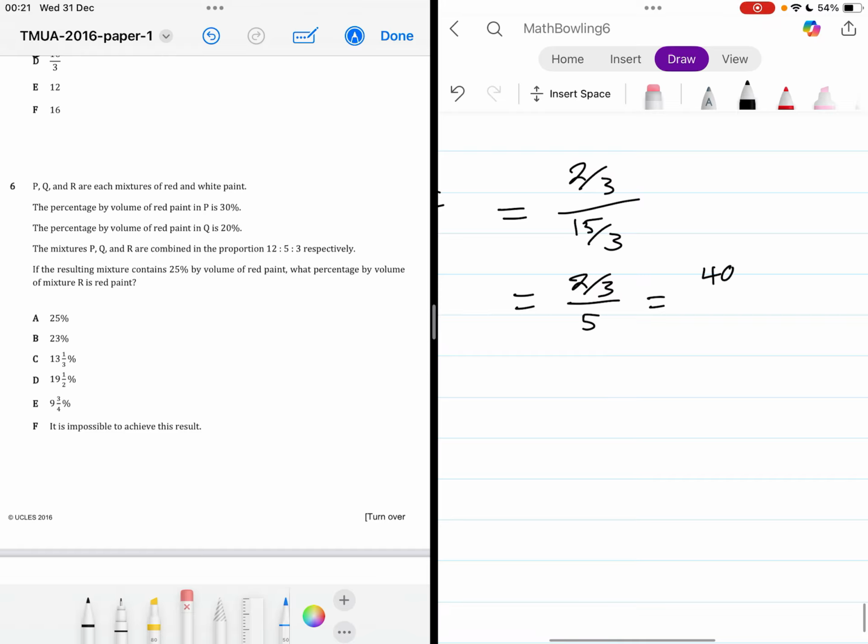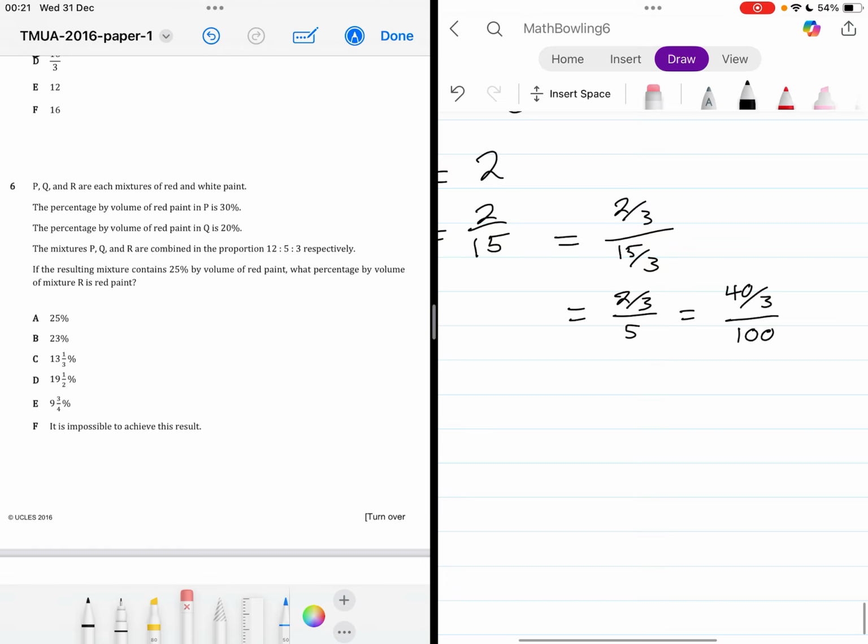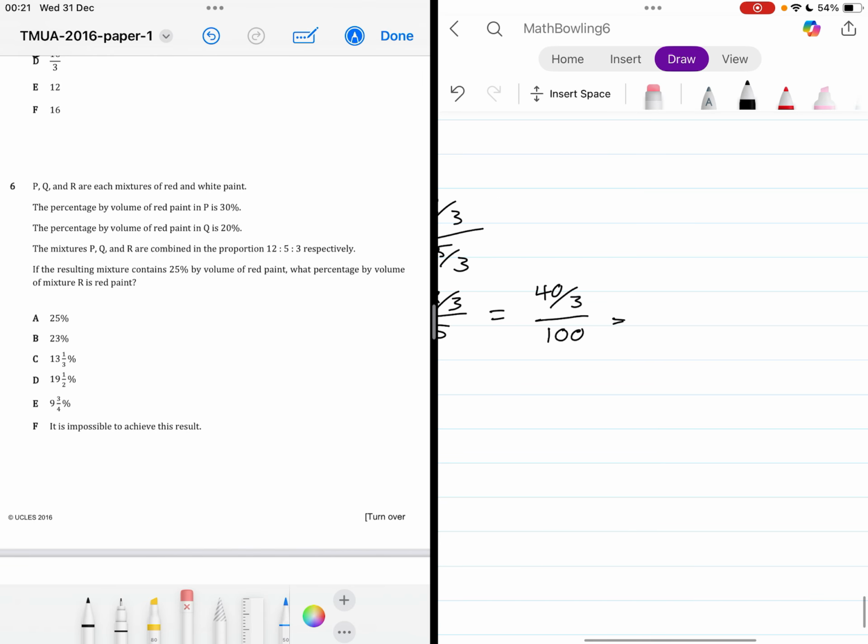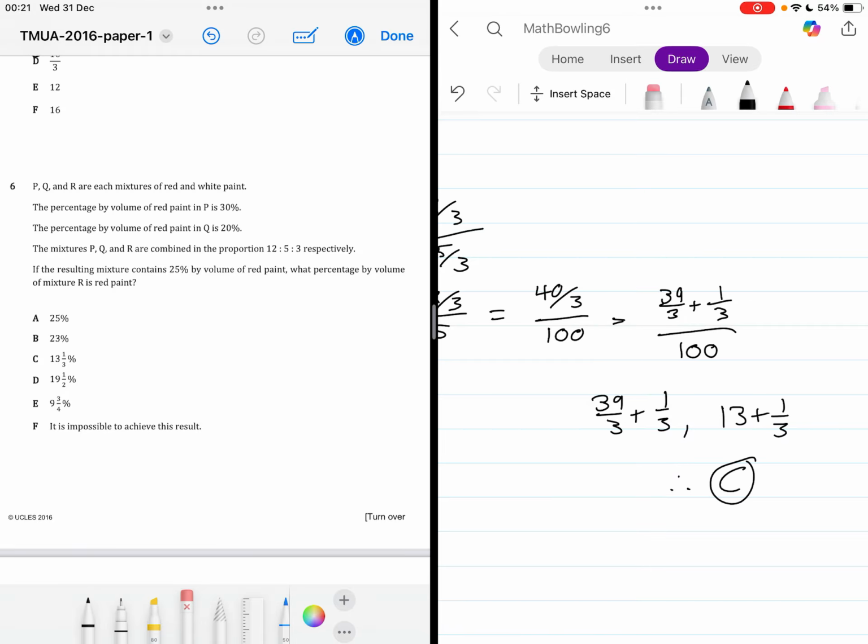It's 40 over 3 over 100. 40 over 3 is 13 and a third, let's say. Yes, 39 over 3 plus 1 over 3. The 100 with the percent, we can just ignore it effectively. So we just want to consider 39 over 3 plus 1 over 3, which is 13 plus a third. So that means our answer is going to be C.